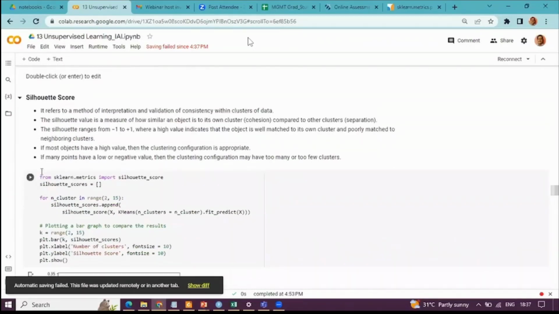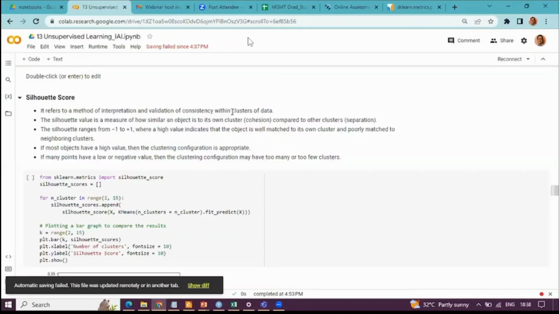Similarly, now you can talk about the Silhouette score. I have already talked about it. It's a method of interpretation and validation of consistency within the clusters of data. So I can talk about how consistent, how close are my clusters within and how far are my clusters between.